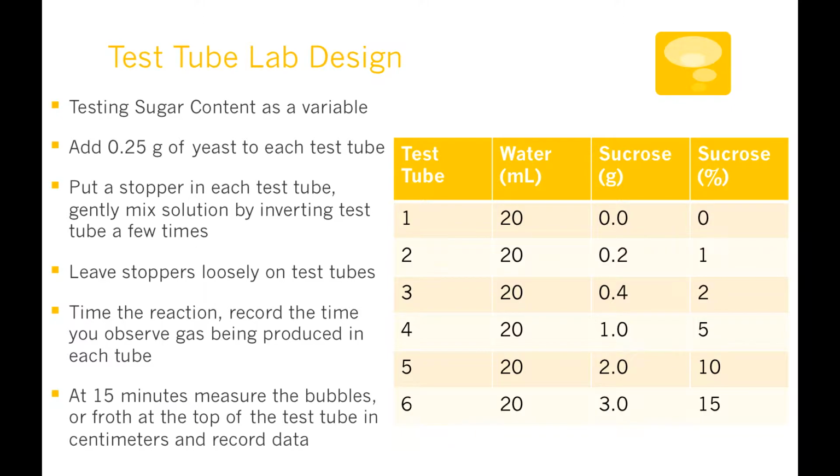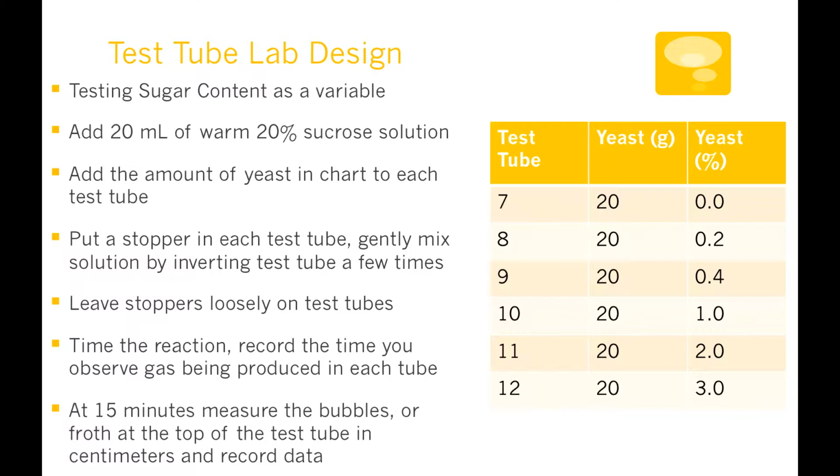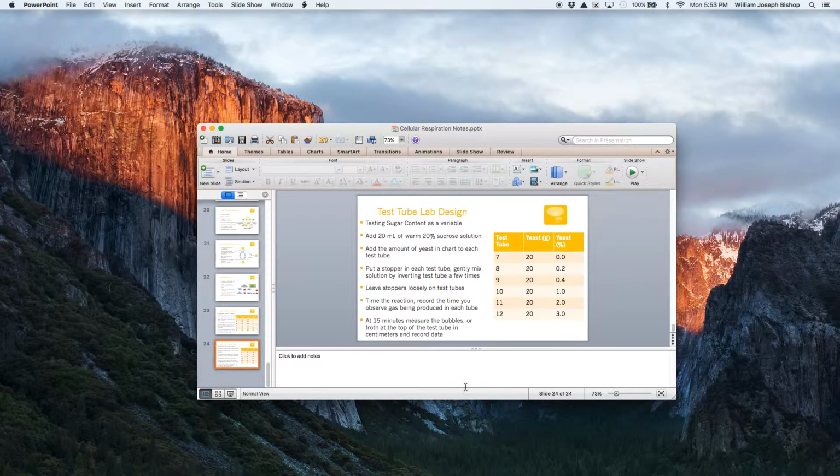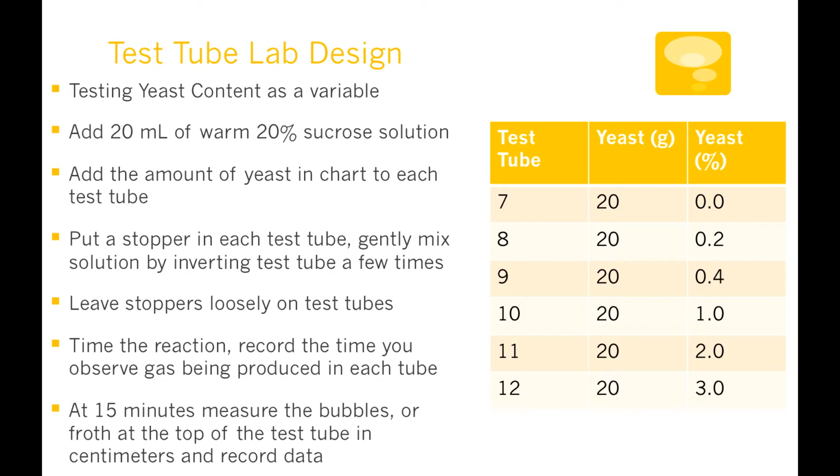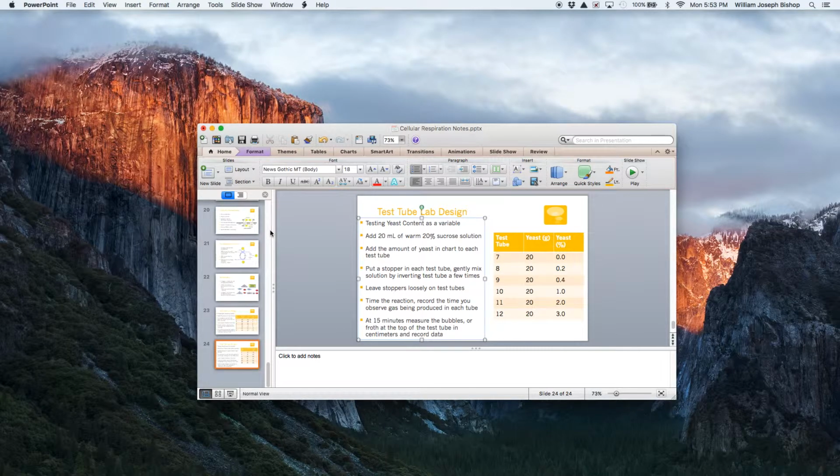Then, to test our second variable, and we'll correct this right now, we're testing yeast content as a variable. We put 20 mLs of a 20% warm sucrose solution in each test tube. Then we need to adjust that yeast value.